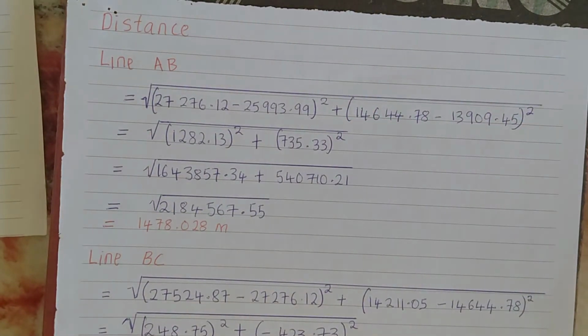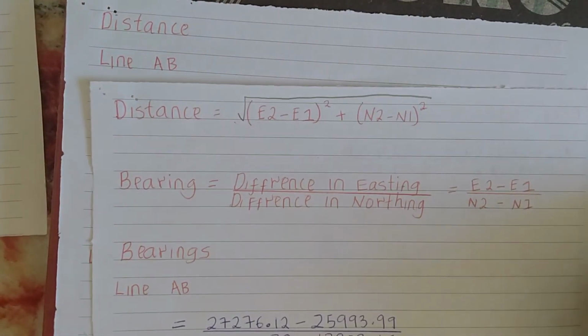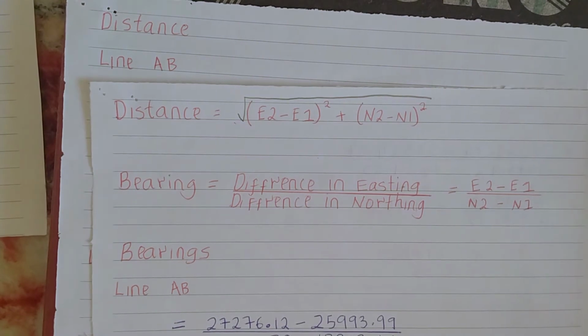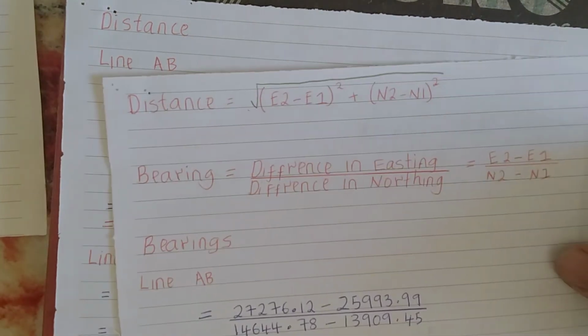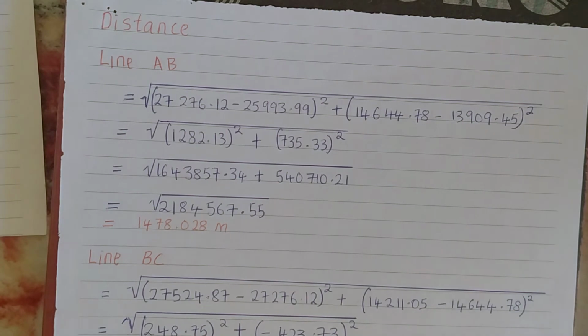So this is the formula we shall use. I'm correcting: previously I said it's easting 2 minus easting 1 plus squared minus northing 2 minus northing 1 squared. So that's the correction.